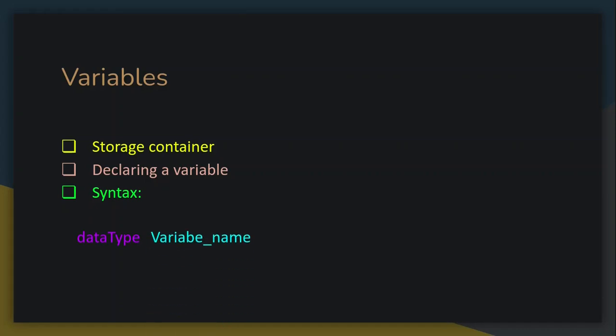Then how do you store a value in a variable, right? You need an operator, which is mostly known as the equal sign, but in the programming world, we call this the assignment operator. It assigns a value to a variable, right?